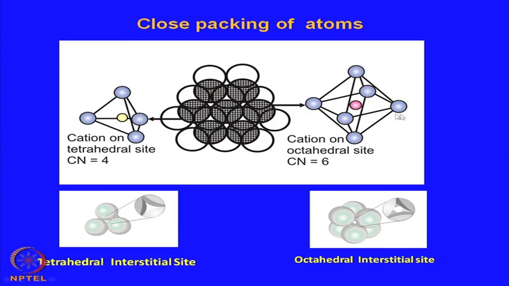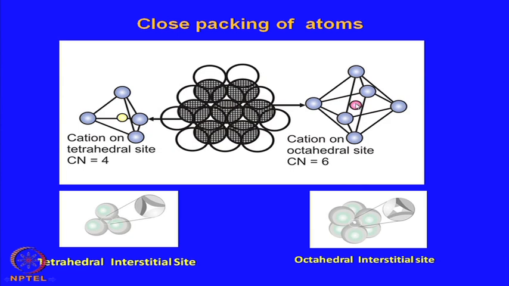In the middle layer you have 4 atoms touching each other. Of course, for clarity we have not shown them touching, but in this structure they are. Even so, you will get some space in between, and that is another kind of interstitial space.